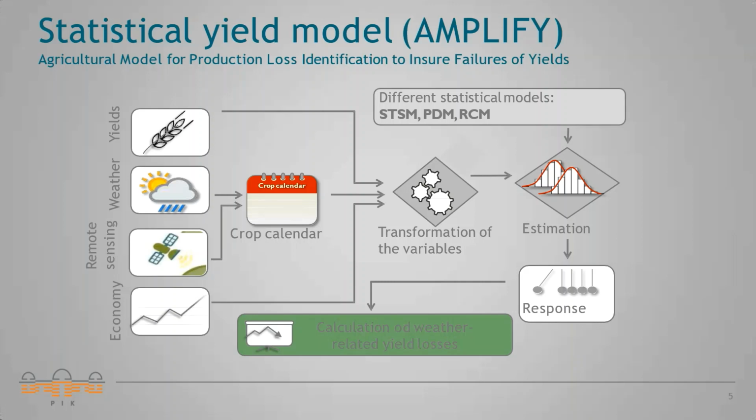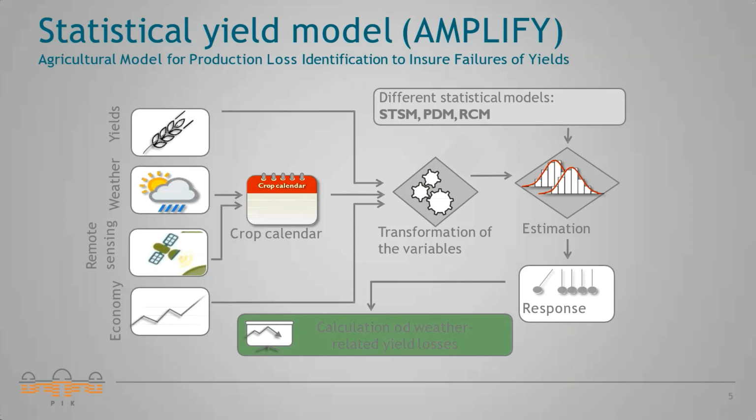We work with weather data, we work with remote sensing data from satellites from the past, of course, and also with information on the economy, or in general on the economic management. I think these are the key drivers of crop yield variability, and all this information is included in the model. And of course, then the growing season is very important.